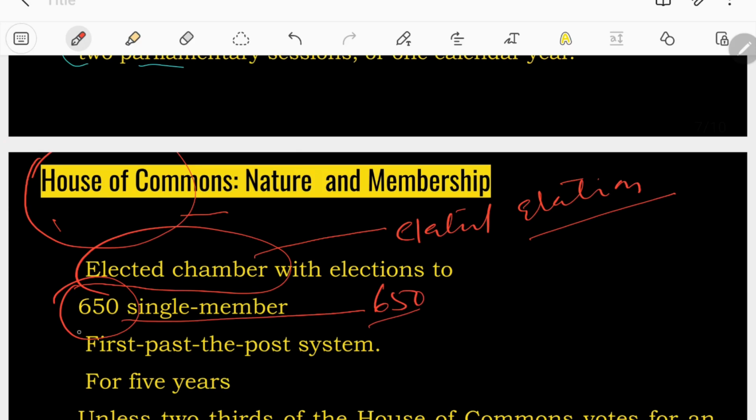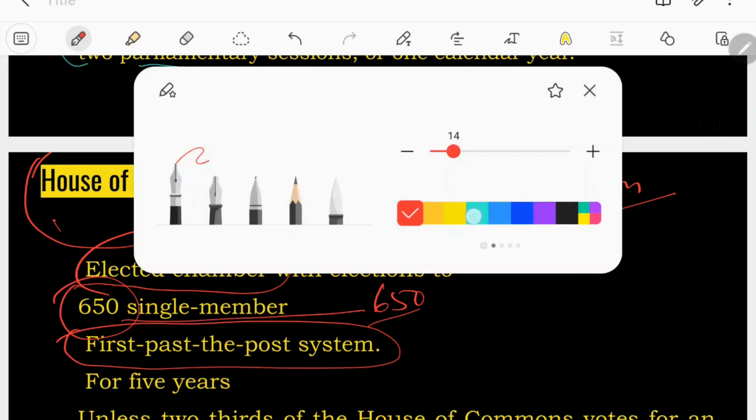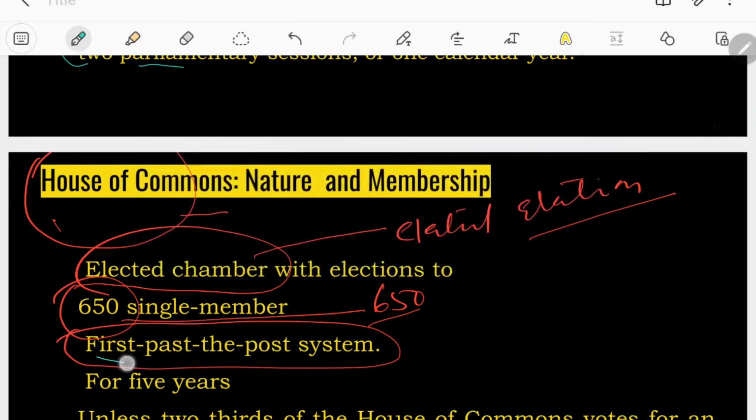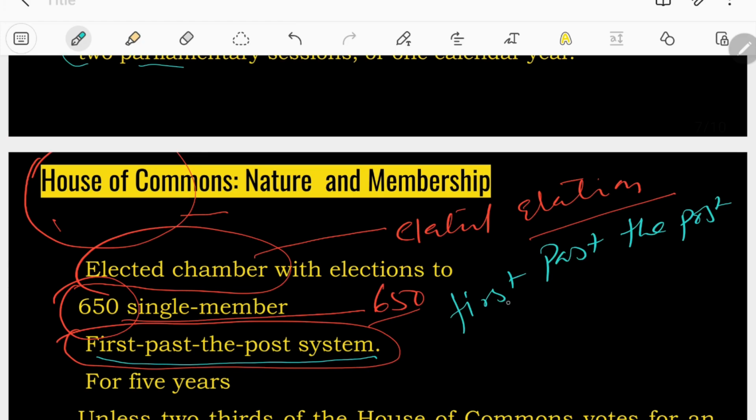And how the election is going to take place? That is the method which you can see here, which is called as a first past the post system. It means that the person who has got the maximum number of votes, he will be elected for the House of Commons.